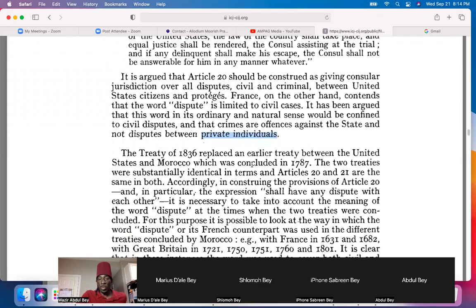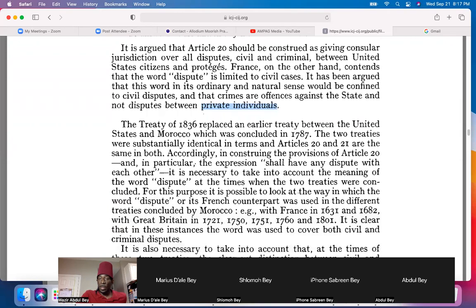The Treaty of 1836 replaced an earlier treaty between the United States and Morocco, which was concluded in 1787. The two treaties were substantially identical in terms, and Articles 20 and 21 are the same in both. Accordingly, in construing the provisions of Article 20, and in particular, the expression shall have any dispute with each other, it is necessary to take into account the meaning of the word dispute at the time that the two treaties were concluded.